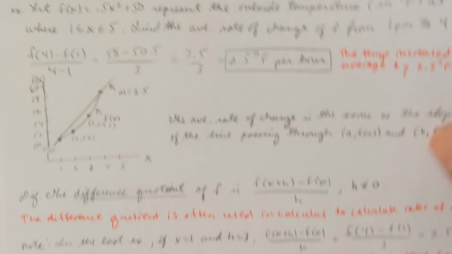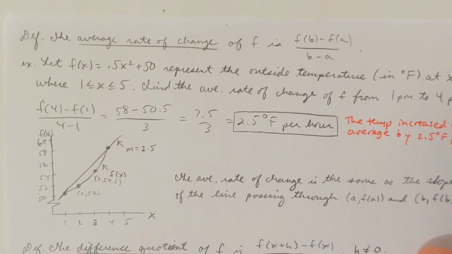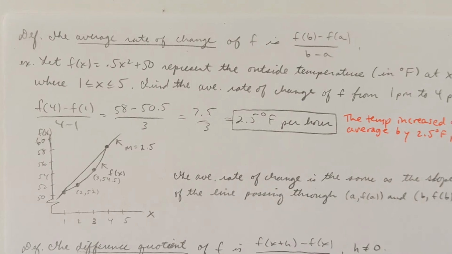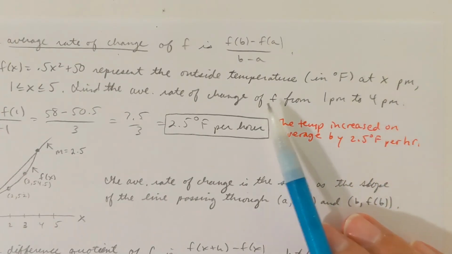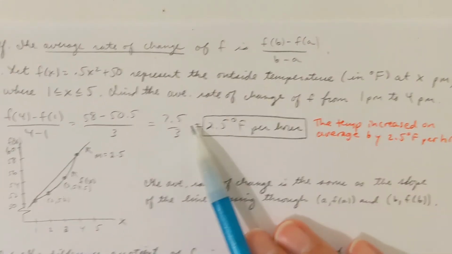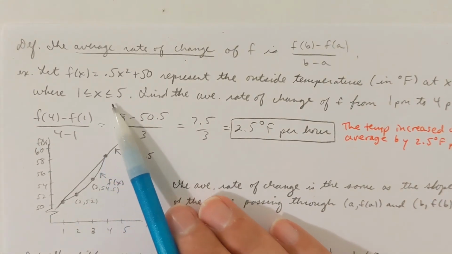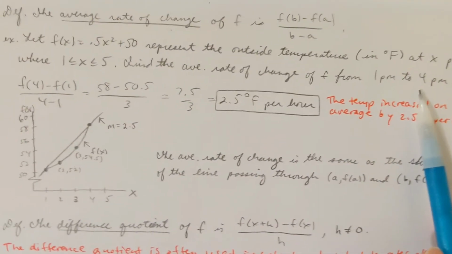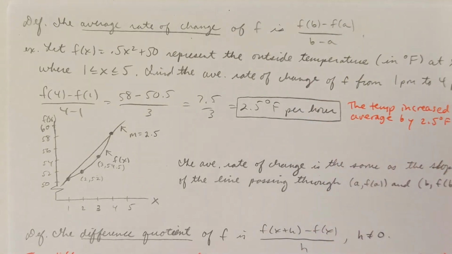The next thing to talk about is the average rate of change of a function, and that is defined to be f of b minus f of a divided by b minus a. So here's an example. Let f of x equal 0.5 x squared plus 50 represent the outside temperature in degrees Fahrenheit at x p.m., where x is ranging from 1 to 5. Find the average rate of change of f from 1 p.m. to 4 p.m. Well, let me use this formula.